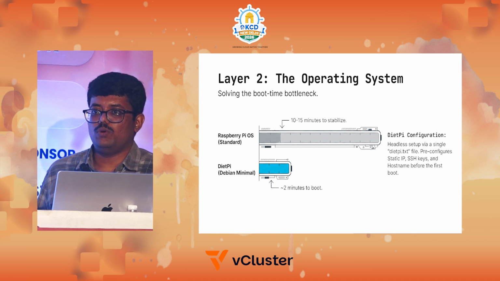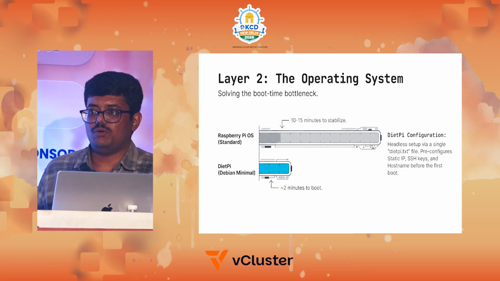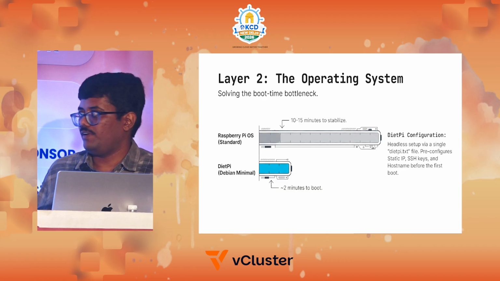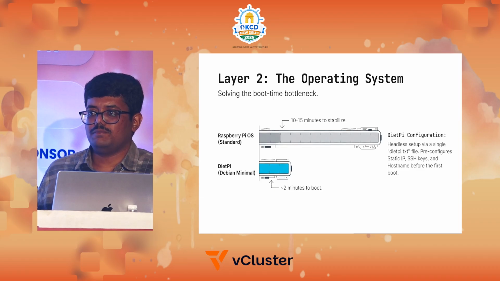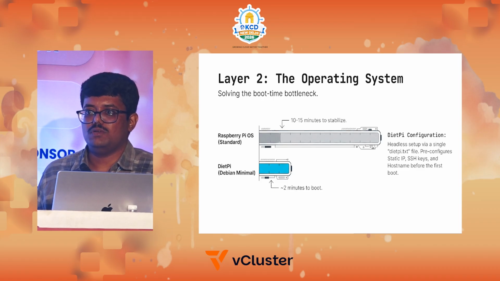I don't really need a desktop interface or to connect a monitor just to complete my Raspberry Pi setup. All of this is headless. I just need to write a file called dietpi.txt that allows me to configure everything from the hostname and static IP all the way to SSH keys. So the moment I plug my SD card into my Raspberry Pi, the node is up and running, and I can just connect via SSH.